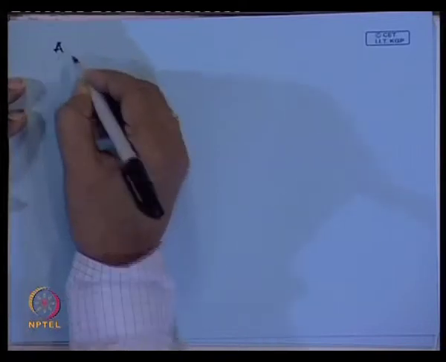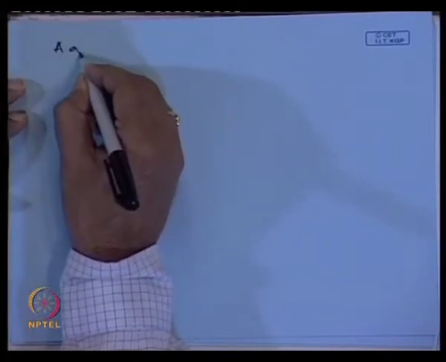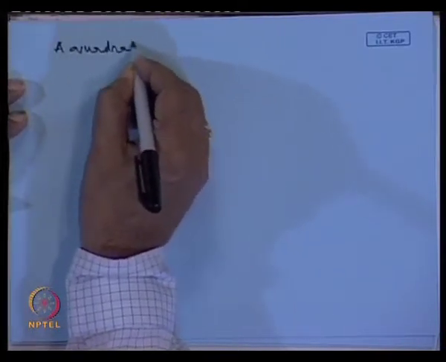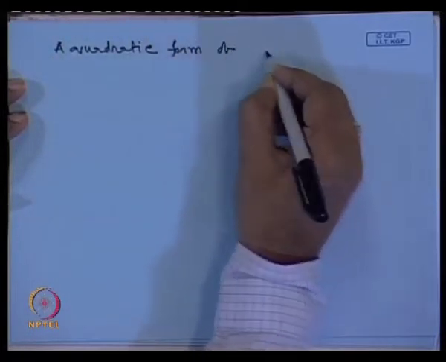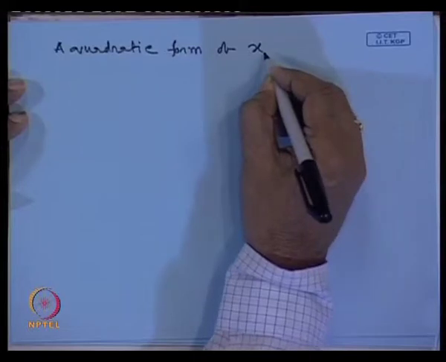So, in general for n variables, f is a function of x 1, x 2, dot dot, x n. It is a quadratic form of n variables.